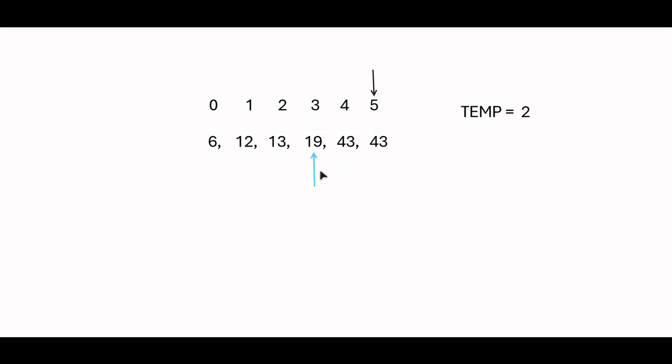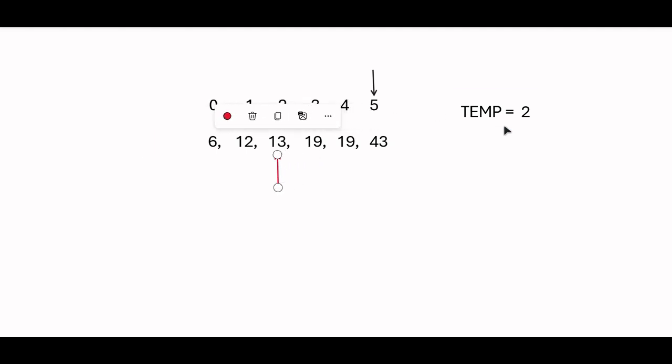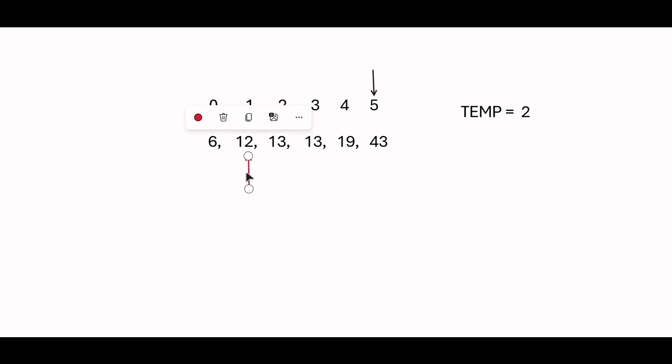Temp is lesser than the jth element, so what is in j will override the j plus 1th position. So 19 will overwrite that 43 and j is decremented. Temp is lesser than the jth element, so the jth element should override the j plus 1th element. So 19 is overwritten with a 13, j is decremented.